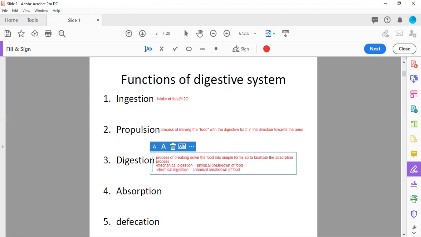We will come back to these different forms of digestion later on with more details, but for now, I just want you to know the purpose of digestion is to break down the food into simpler forms to facilitate the absorption.